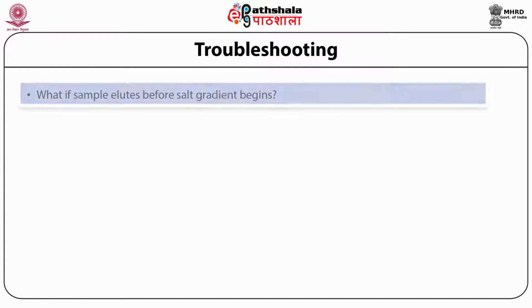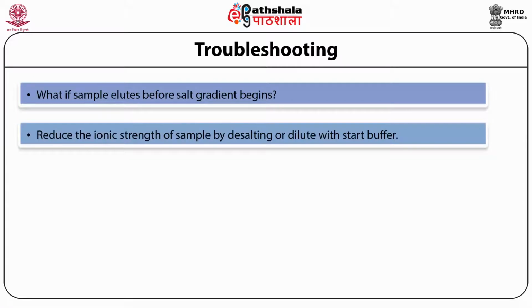Now, what if our sample elutes before the salt gradient begins? In such a scenario, we should reduce the ionic strength of the sample by desalting or diluting it with the starting buffer.